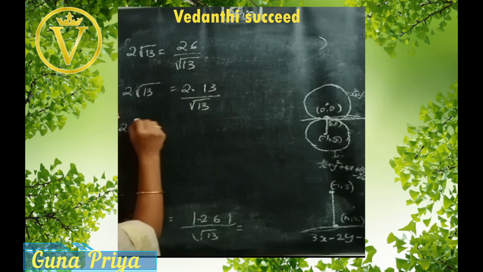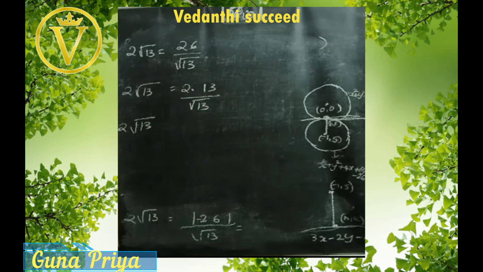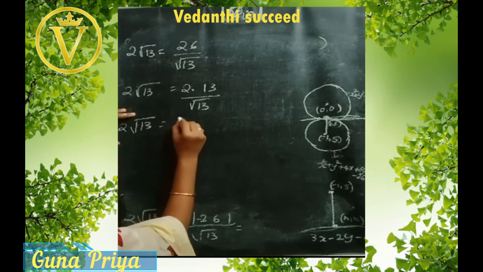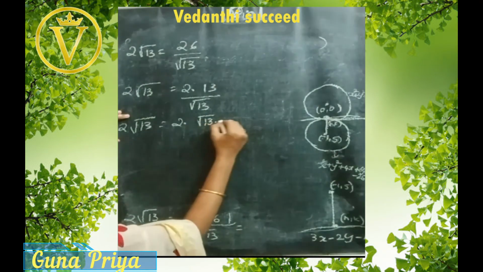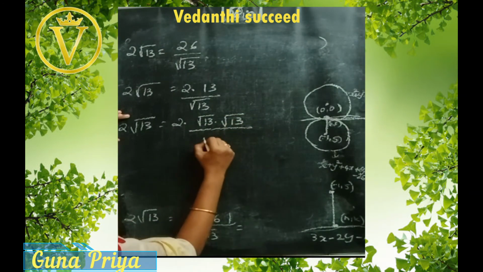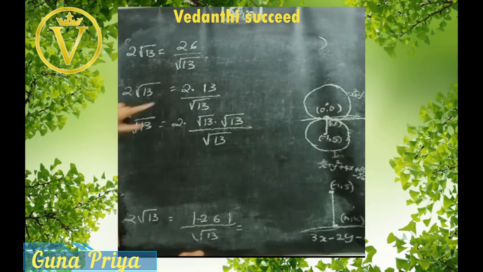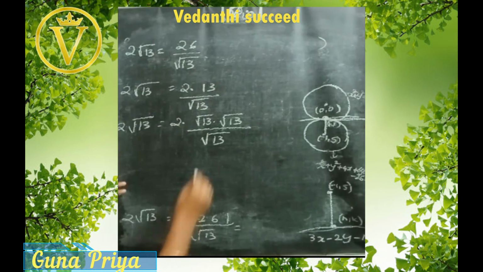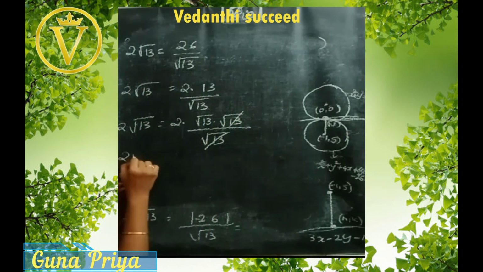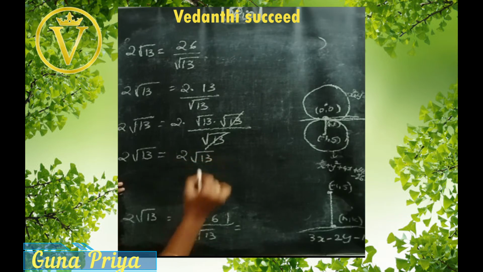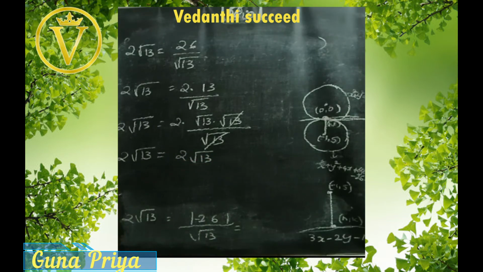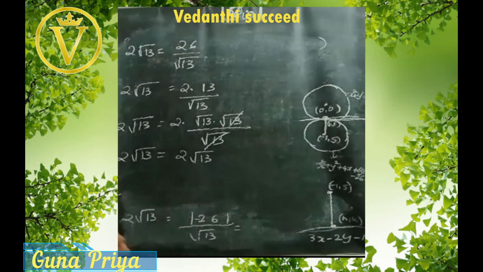What we have to prove is that r equals d. So we can write 13 as root 13 into root 13 by root 13. The root 13 gets cancelled, and we get 2 root 13. So we have shown that r equals d.